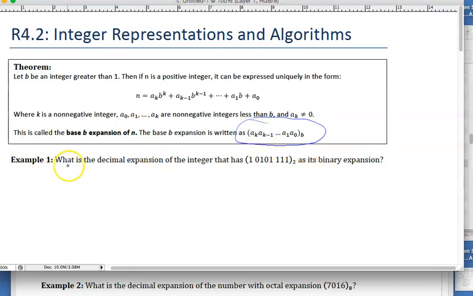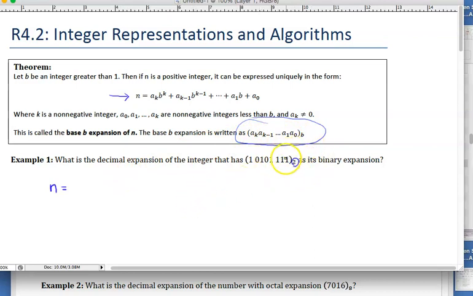Okay, so let's look at something familiar. What is the decimal expansion of the integer that has this as its binary expansion? Basically we want to change it to this form. So I'm looking for a number n. These right here are the coefficients, the a's. They're going to multiply different powers of 2.